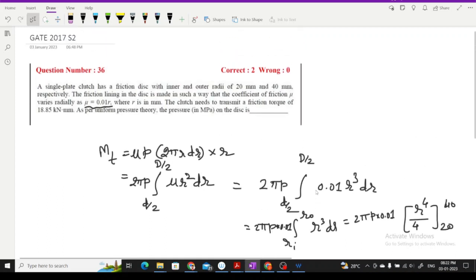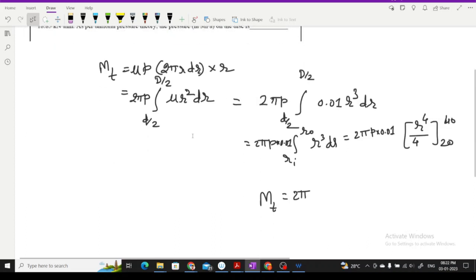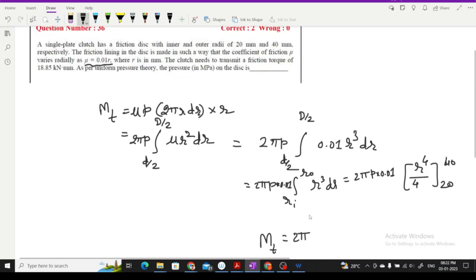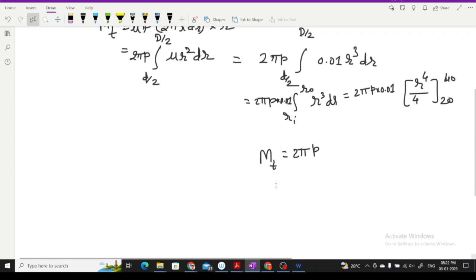what is p? So p is to be found out, sir. It is to be calculated. So this p you need to calculate. M_T is provided, right? 18.85 kilonewton-meter.